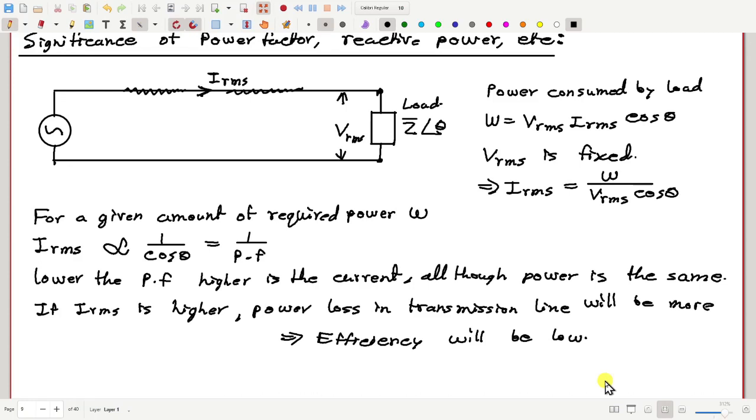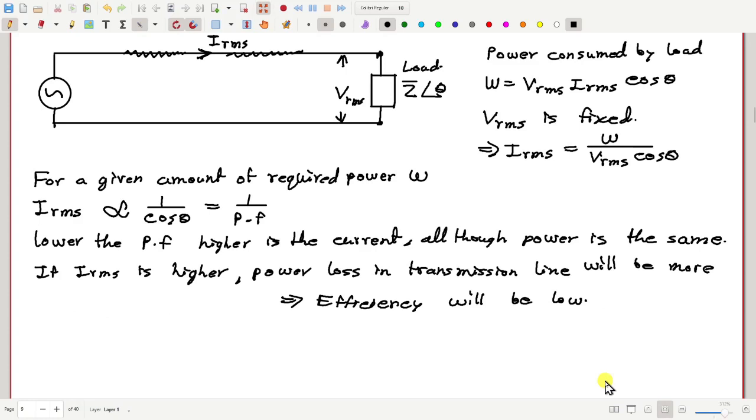But that is not really the truth, because if I draw more current for a small amount of power required, I am actually causing more power loss for the power supply agency. So that is a loss for them. Okay, so power factor should be high.